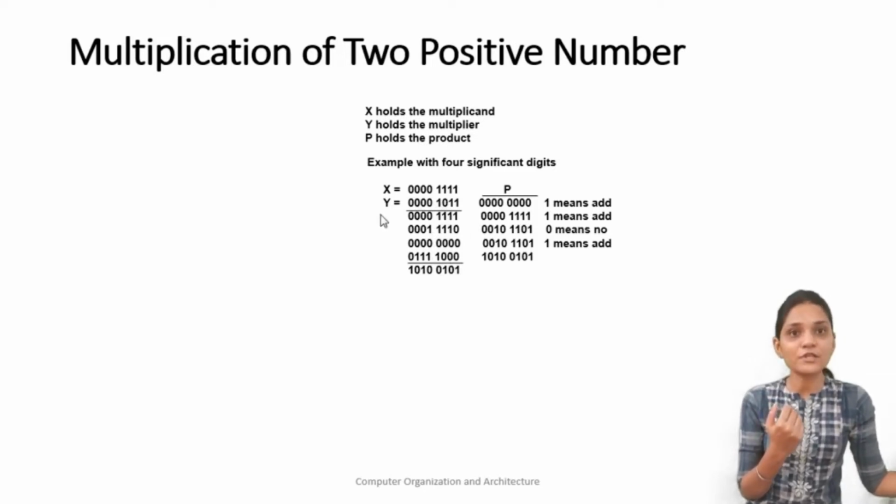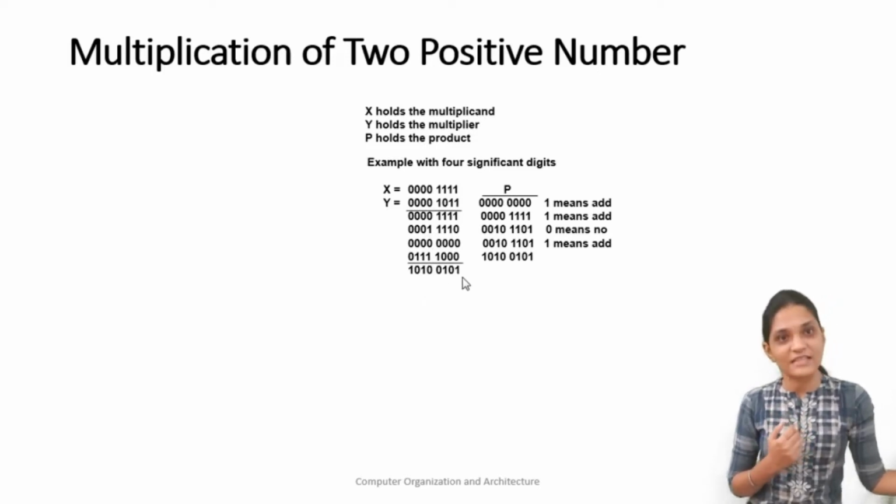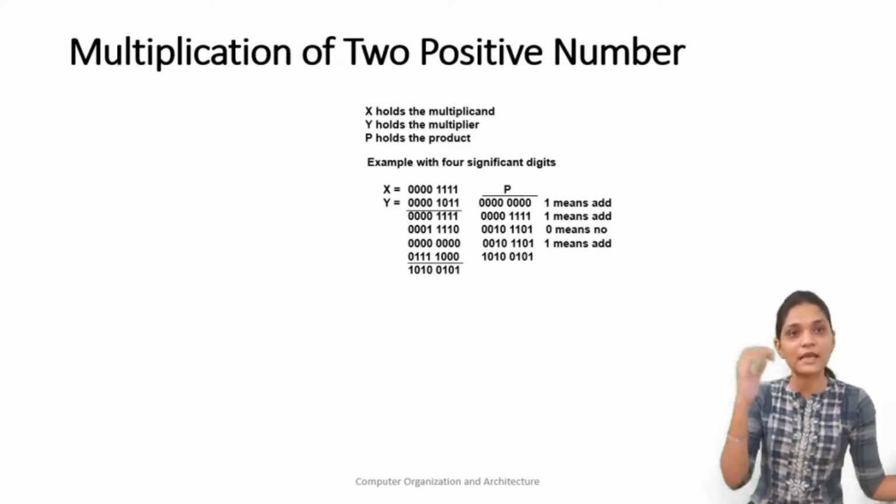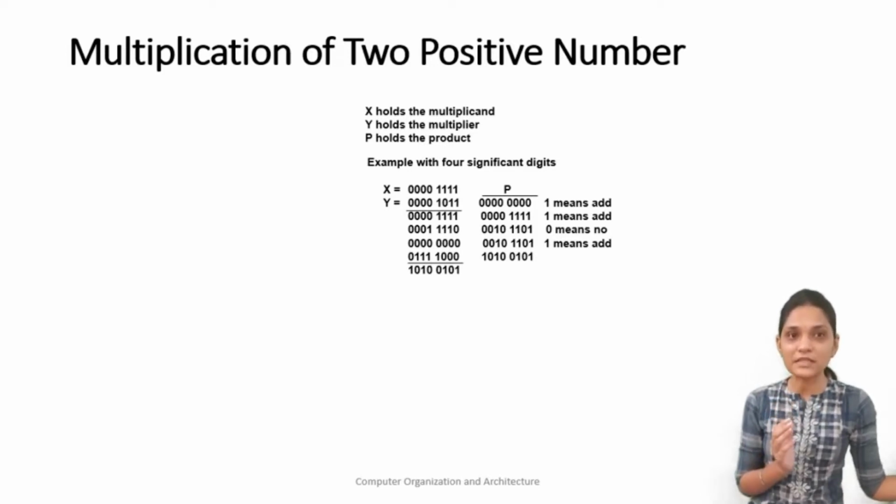So after this addition, your result will be like 10100101. This is the pen and paper product that we can do, because we can add these 4 bits, 4 ones at a time, because we know if you add 4 ones, your result will be 0 and carry will be 10. If you add 3 ones, your result will be 1 and carry will be 1.